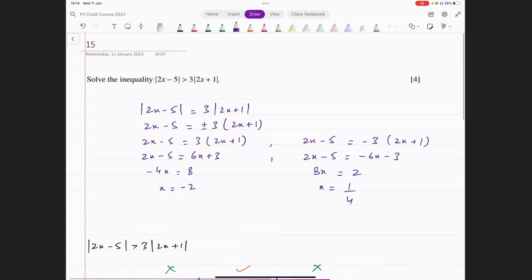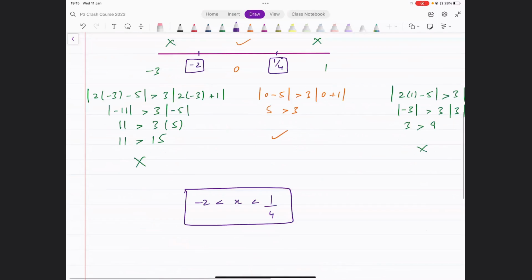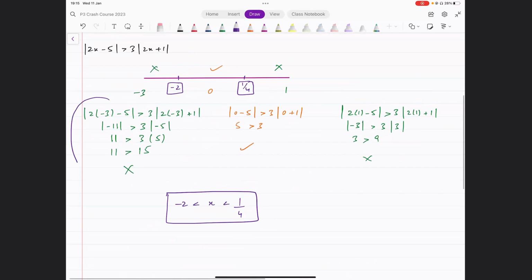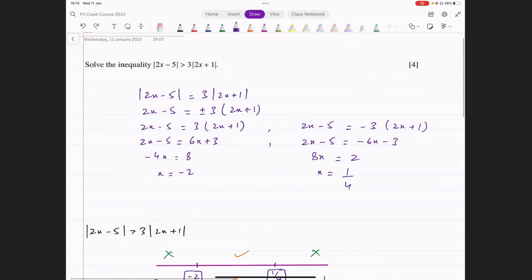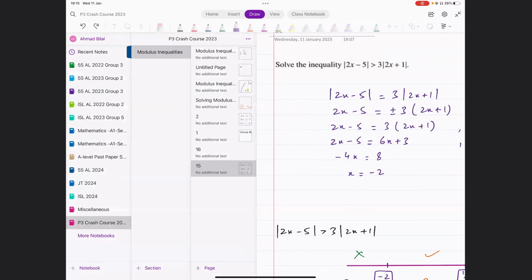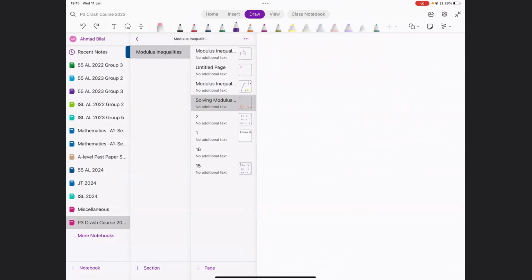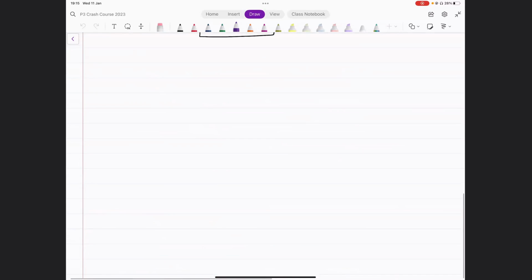Whenever you have a modulus sign on both sides of an inequality, you can actually reduce this verification working a little. How do you do that? Let me just explain that on the same page where we learned solving modulus inequalities. Just add this here.